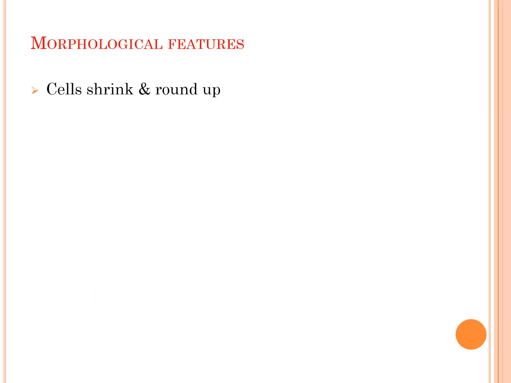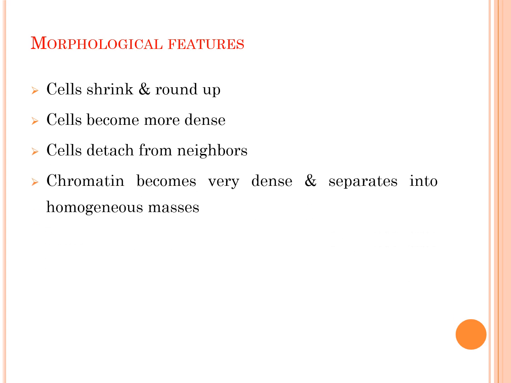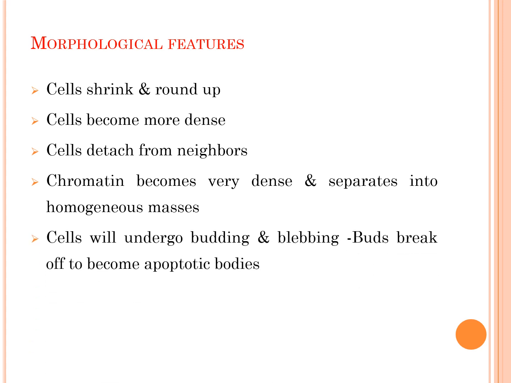And next, the morphological features of the apoptotic cells. The cells will begin to shrink and round up, and they become more dense and detached from the neighbors. The chromatin becomes very dense and separates into homogeneous masses, and cells will undergo budding and blebbing. That is budding, like you have seen in botany, budding of plants, and blebbing is formation of blebs. Buds break off to become apoptotic bodies.